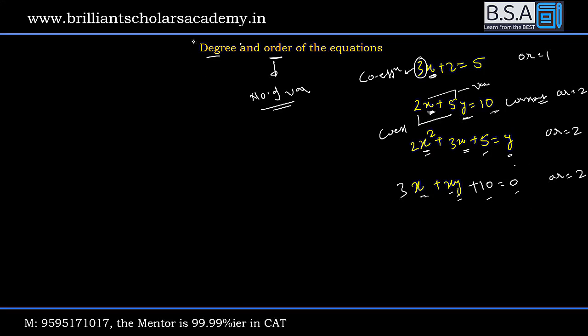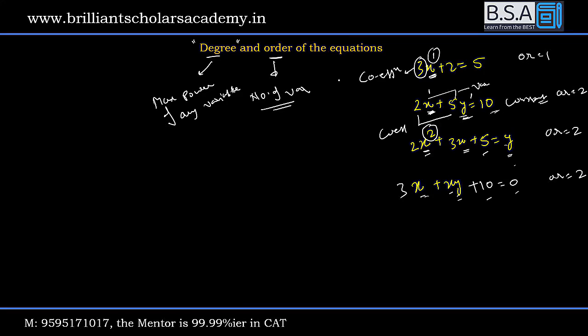Degree is a little tricky if you observe. See, there is one variable x and the power is 1. There is one variable x, one variable y, and the power is 1. Now there are two variables, but the highest power is 2. So the maximum power of any variable is the degree.